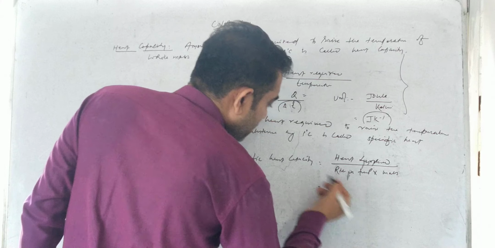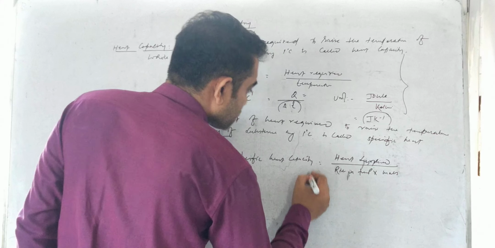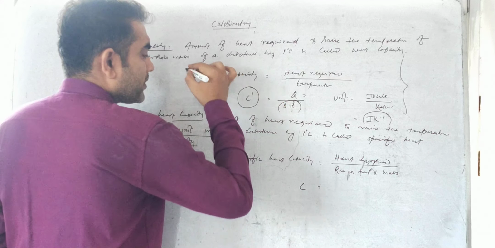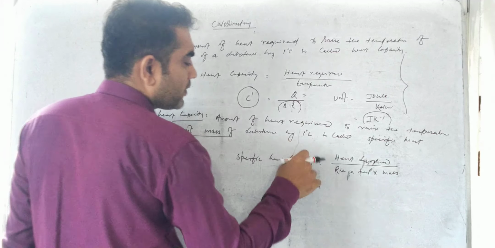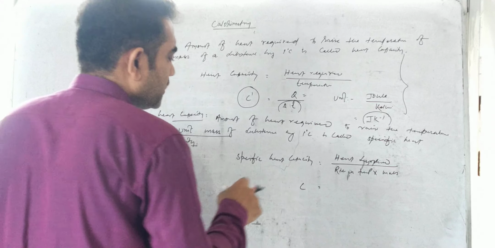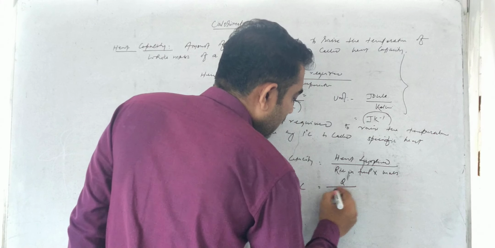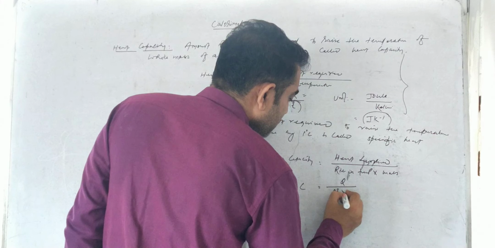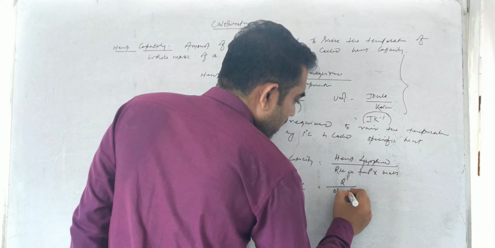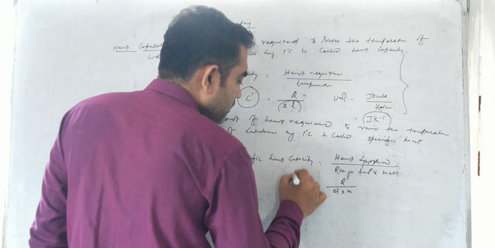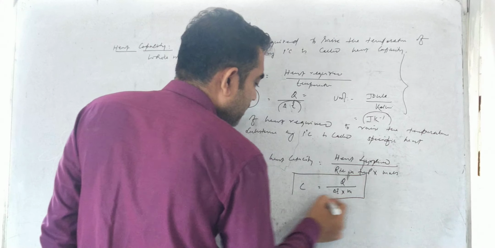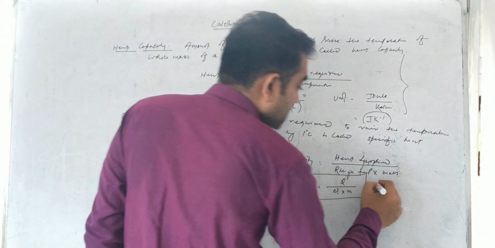Now mathematically, C dash is for the heat capacity, and C is for the specific heat capacity. So C equals heat supplied, that means Q, by rise in temperature, that is del T, into mass M. So it is the mathematical form of the specific heat capacity.